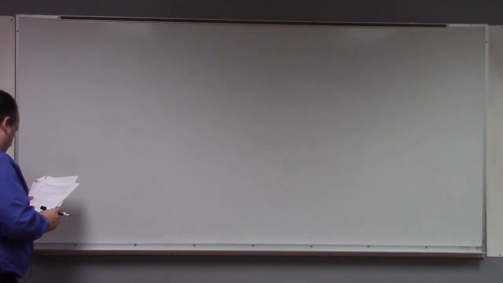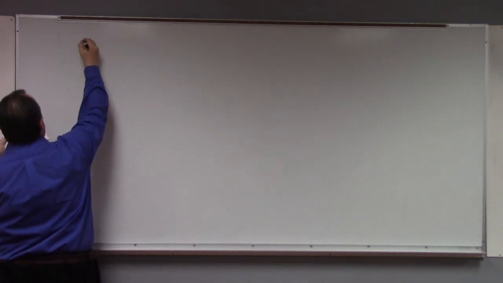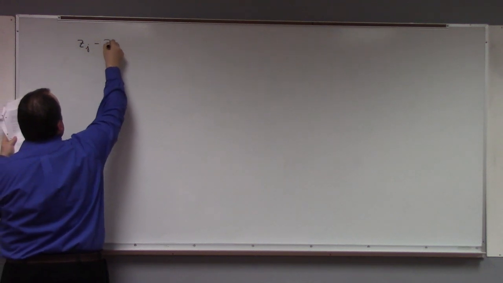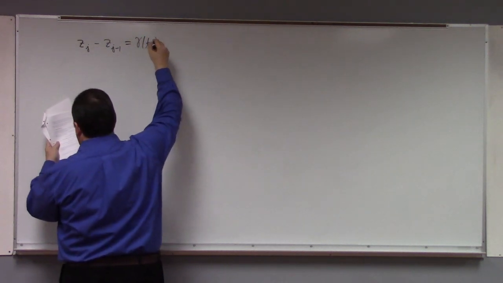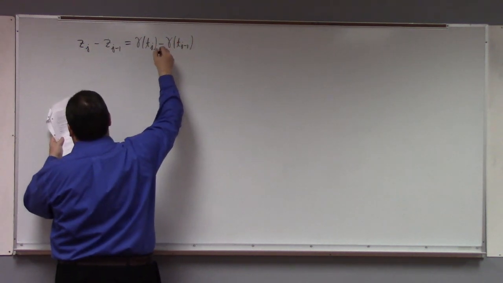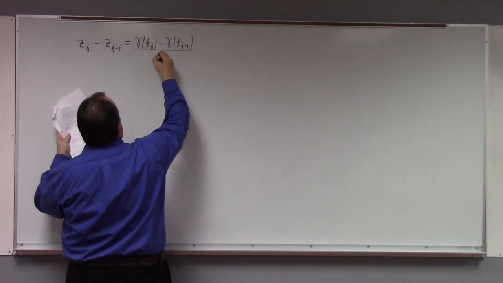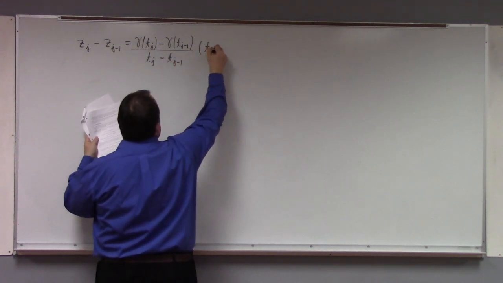All right. So the first thing we should notice is that z_j minus z_{j-1} is equal to gamma of t_j minus gamma of t_{j-1}. We can take that and divide by t_j minus t_{j-1}, and multiply by t_j minus t_{j-1}.